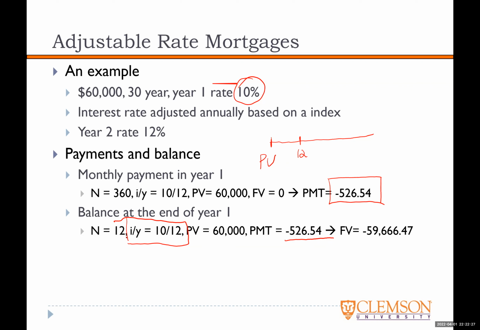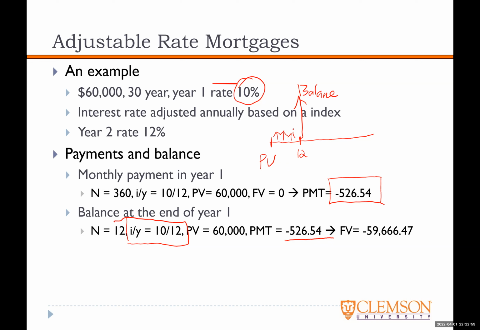So we know that the PV of the 12 payments plus the balance after 12 months is $60,000. So in the calculator, we calculate the future value that makes those two, the 13 payments actually, right? 12 monthly and the 1 balance at the end of month 12.